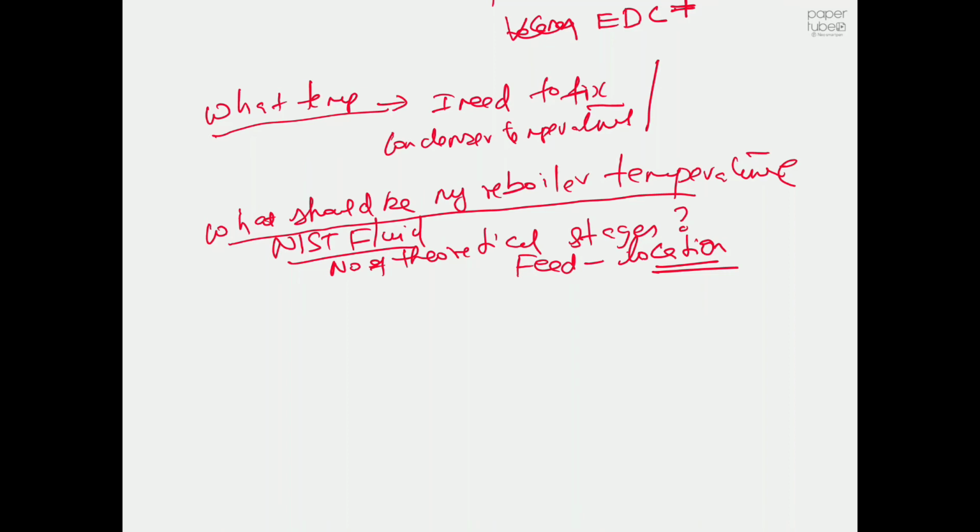Once we get these values, we will build what we call a rigorous distillation column. We will enter that condenser temperature, add that reboiler temperature, and give the number of stages that we calculated using the shortcut distillation method, and then we will see how pure our final product is.